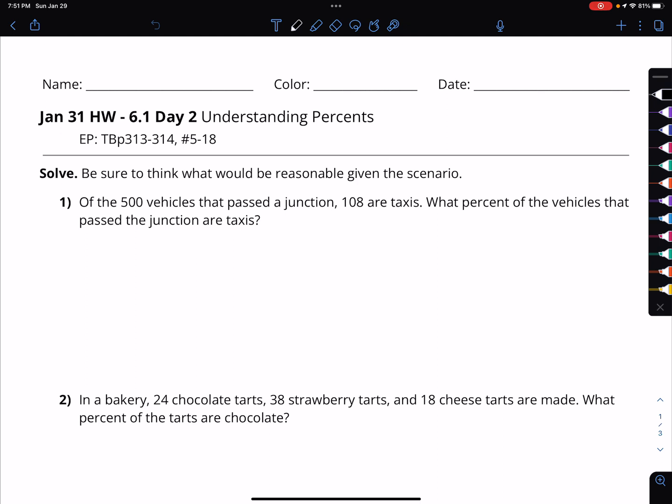So, of the 500 vehicles that pass a junction, 108 are taxis. What percent of the vehicles that pass the junction are taxis? Well, 108 of the 500 are taxis. So that's the fraction. Now we need to turn that into a percent. So we're going to multiply this by 100%.